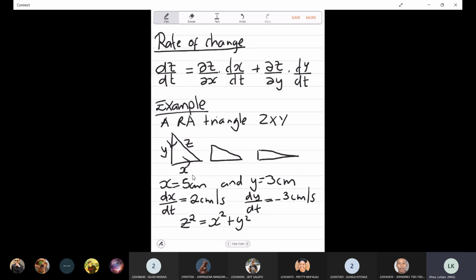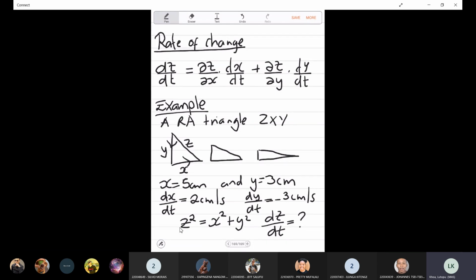The question says determine the rate at which the hypotenuse is changing at the instant when x is 5 and y is 3. So we want to find the rate of change of z with respect to time. So this is what we are looking for.